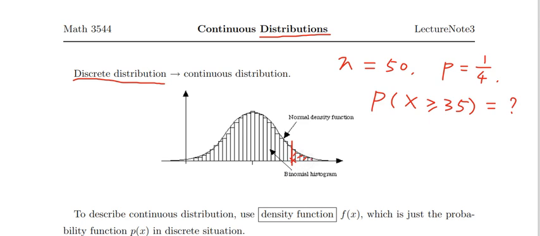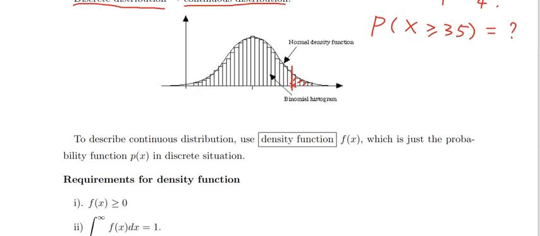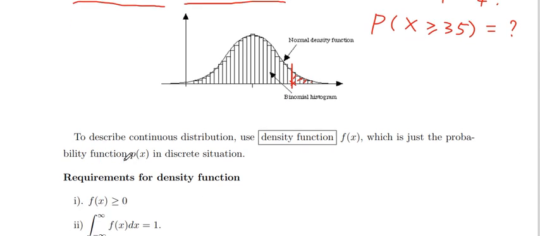So we use a continuous distribution to approximate a discrete distribution. The most important continuous distribution is the normal distribution. In general, we just change this probability function p(x) to a continuous function f(x).